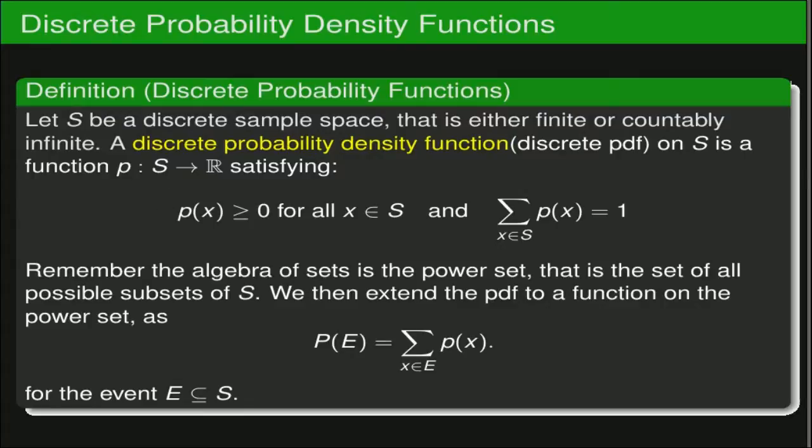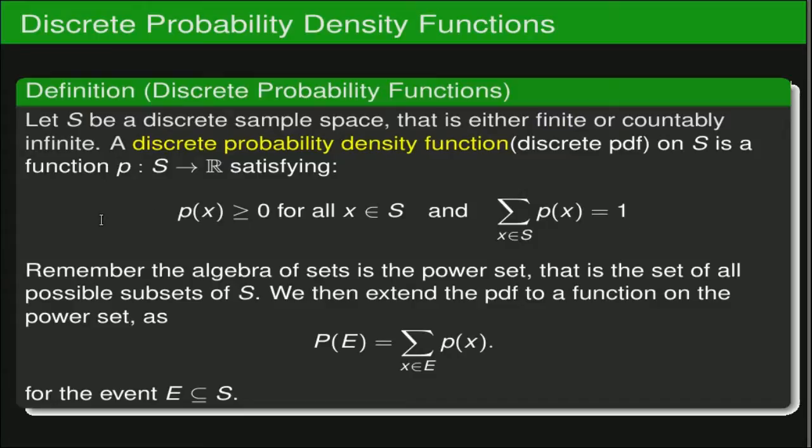First of all, the probability of any value in the sample space is always going to be non-negative, and second of all, the sum of all of the probabilities for every element in the sample space will be 1.